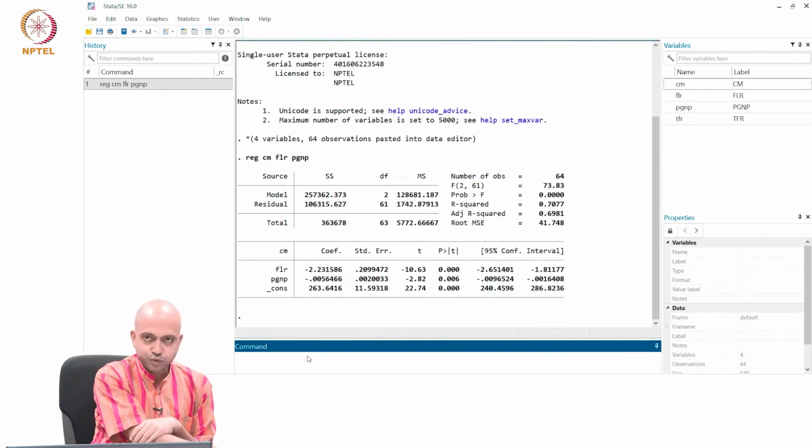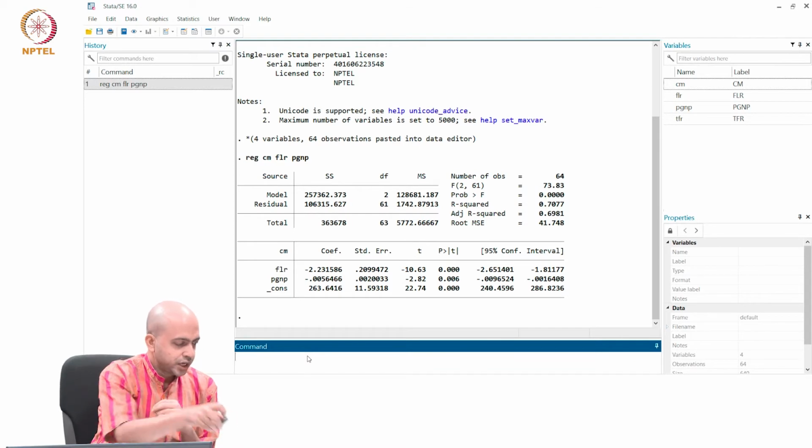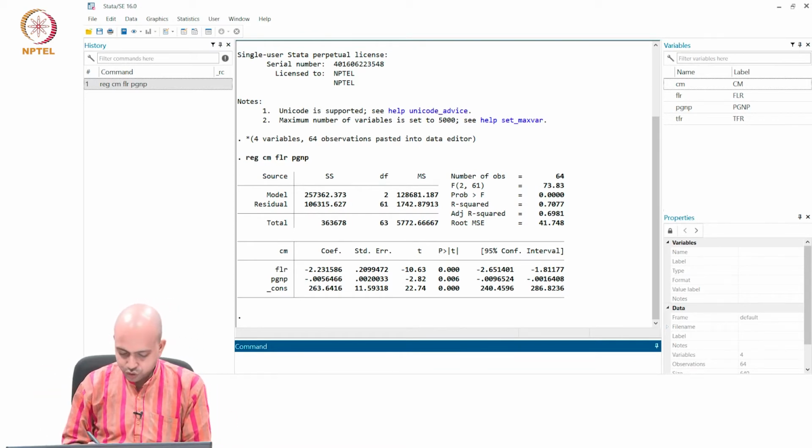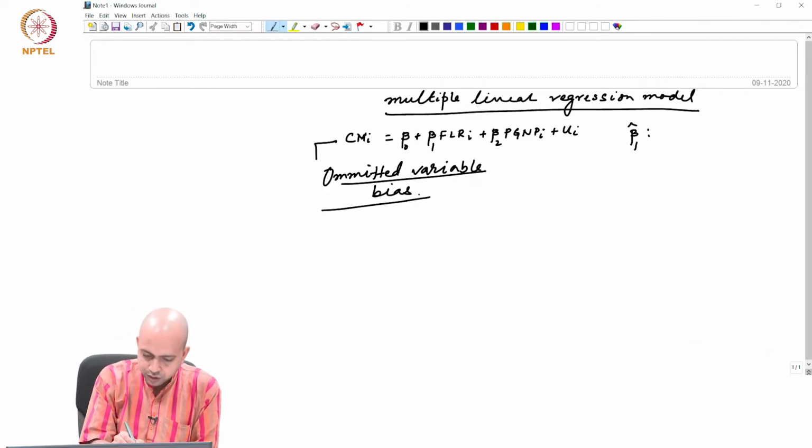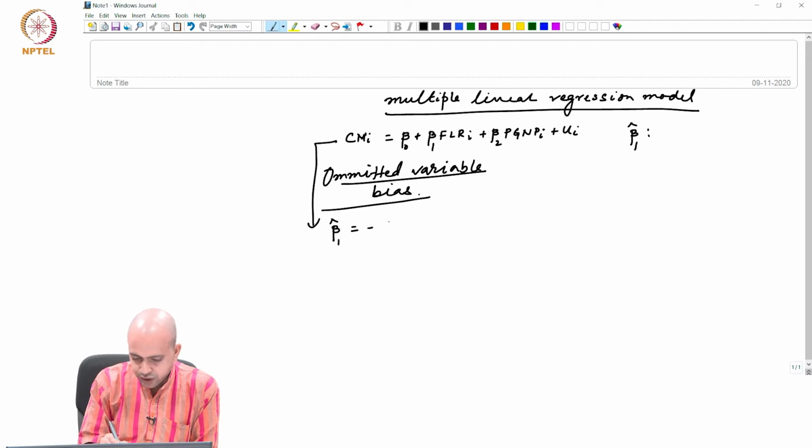This is our complete model, and what is the impact of FLR? The coefficient of FLR is minus 2.231, right. So, from the complete model, beta 1 hat equals minus 2.231.